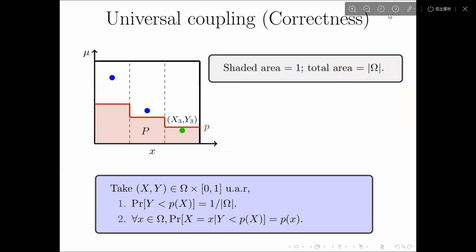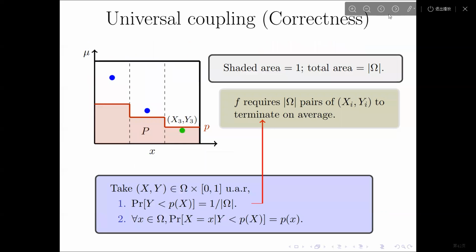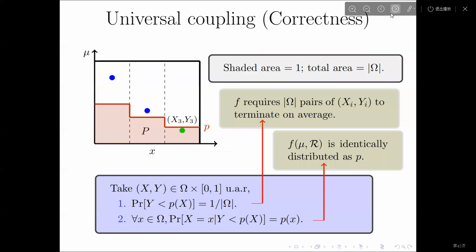Since the shaded area is 1 and the total area is the size of omega, we have the following two claims. First, the probability that the node falls into the shaded area is 1 over the size of omega. It implies that F requires the size of omega pairs of (x, y) to terminate on average. Second, conditioning on (x, y) falling into the shaded area, the distribution of x is identical to p. It guarantees the correctness of our universal coupling.